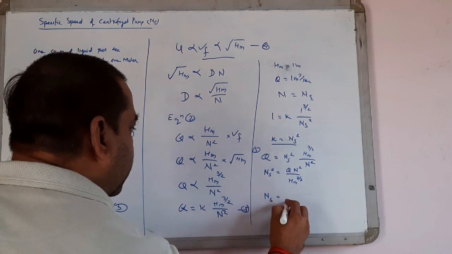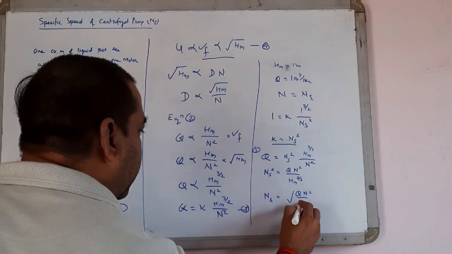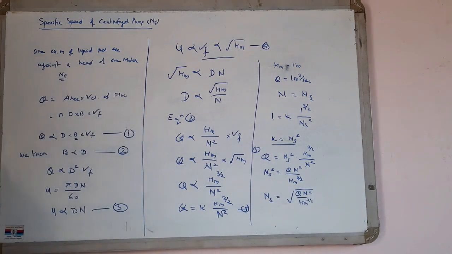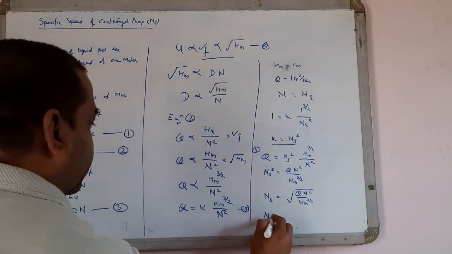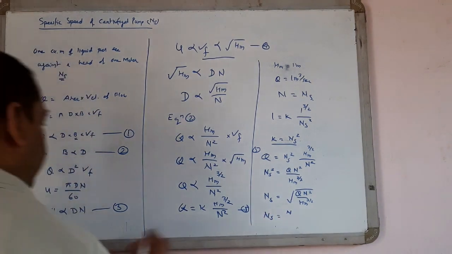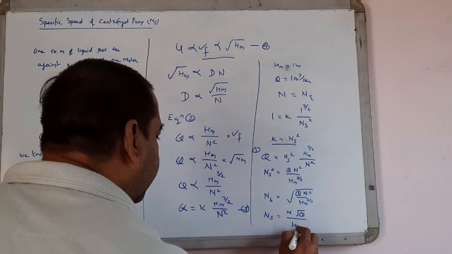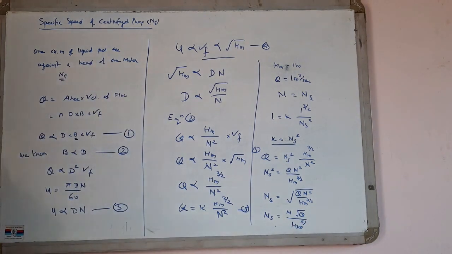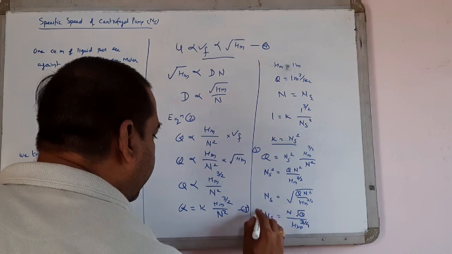So NS equals N root Q by Hm to the power 3 by 4.